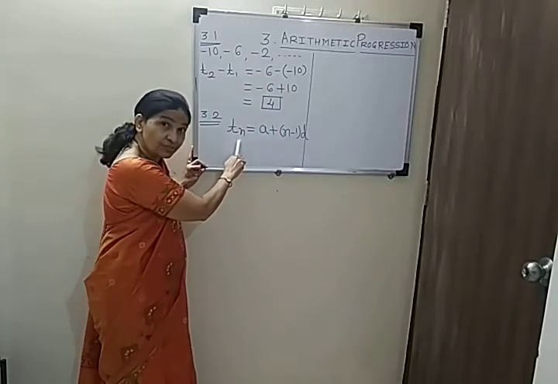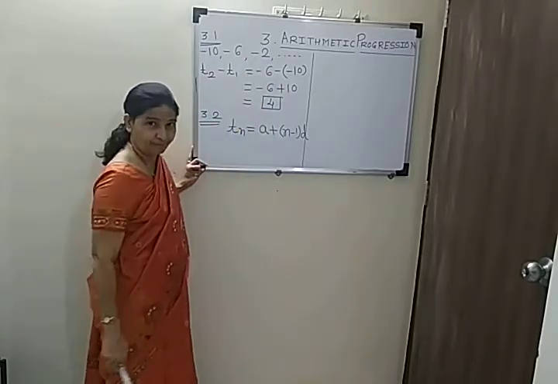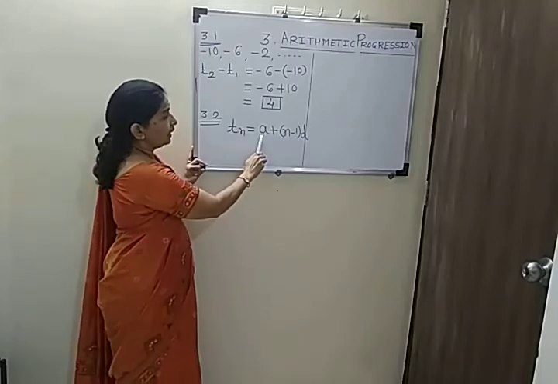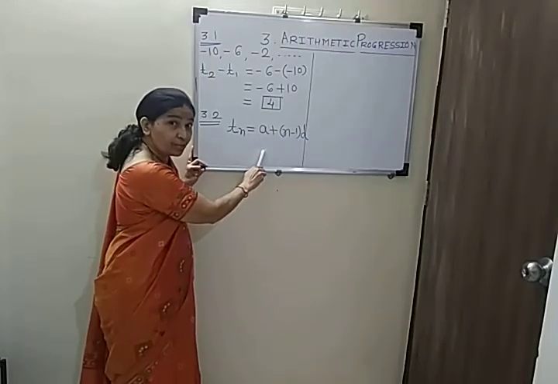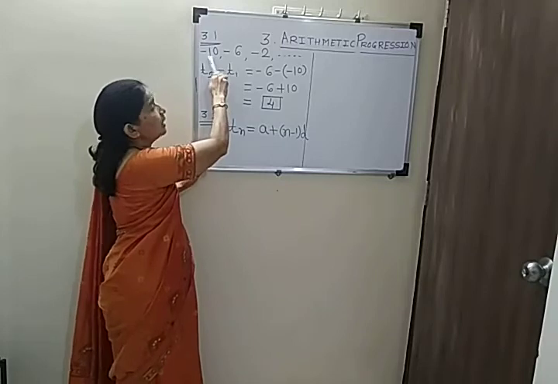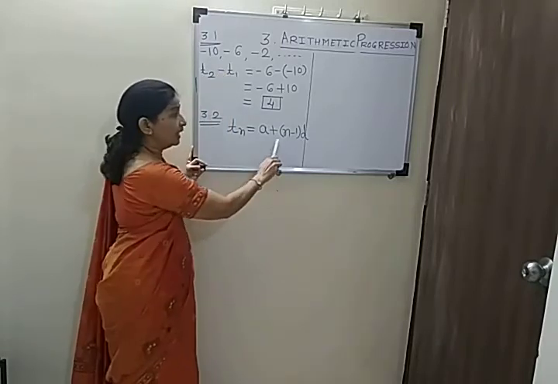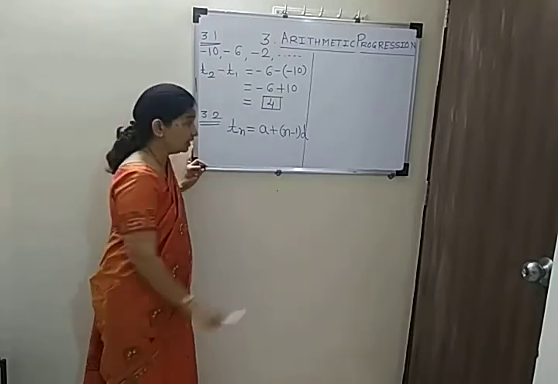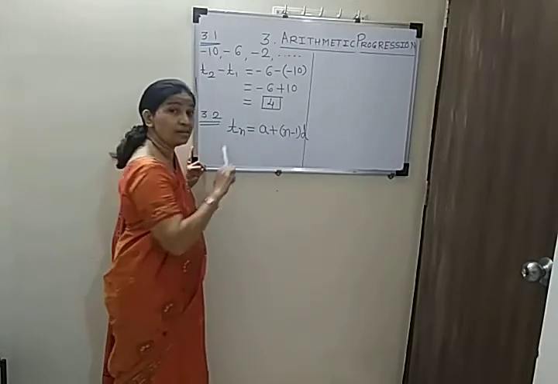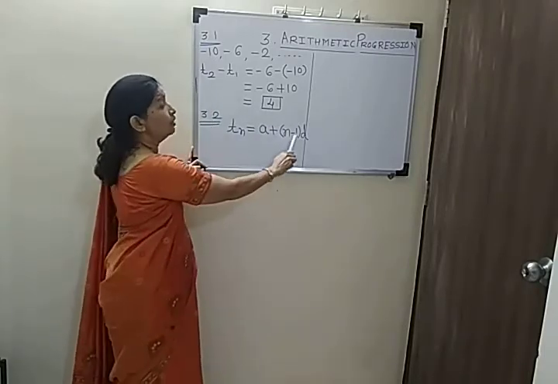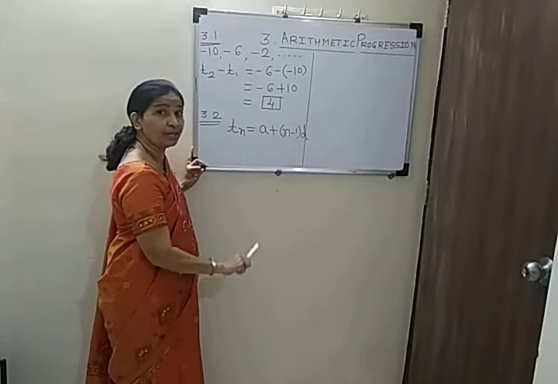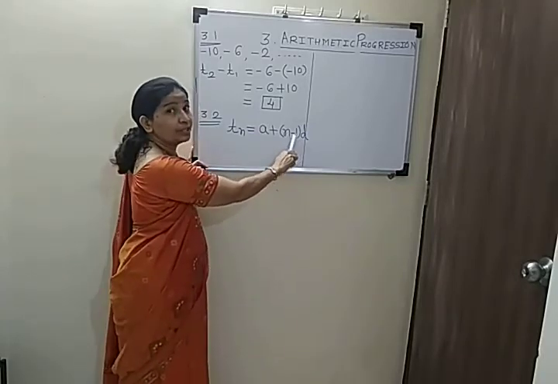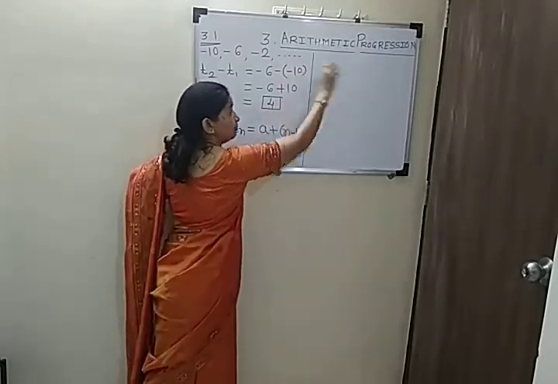So n stands for number. A is the T1, the first term. Again n is the number and D is the difference, which must be constant for the AP.